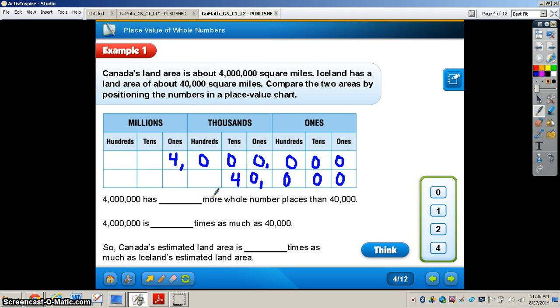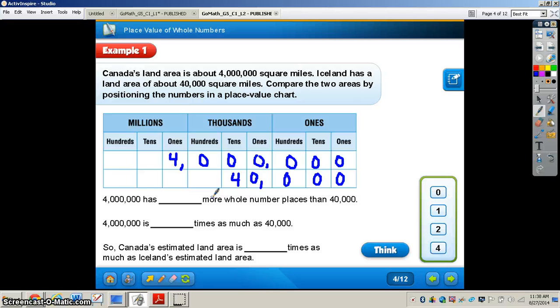Okay, so let's take a look at some of these questions here. A key reminder is that the value of each place is 10 times as much as the value of the next place to its right, or 1/10 of the value of the next place to its left. It's really important to remember that.